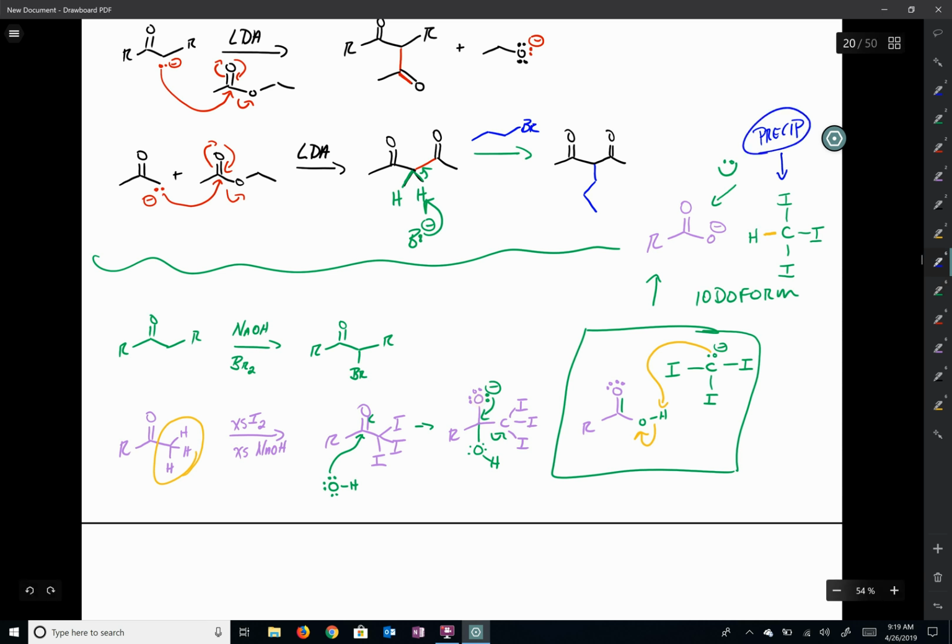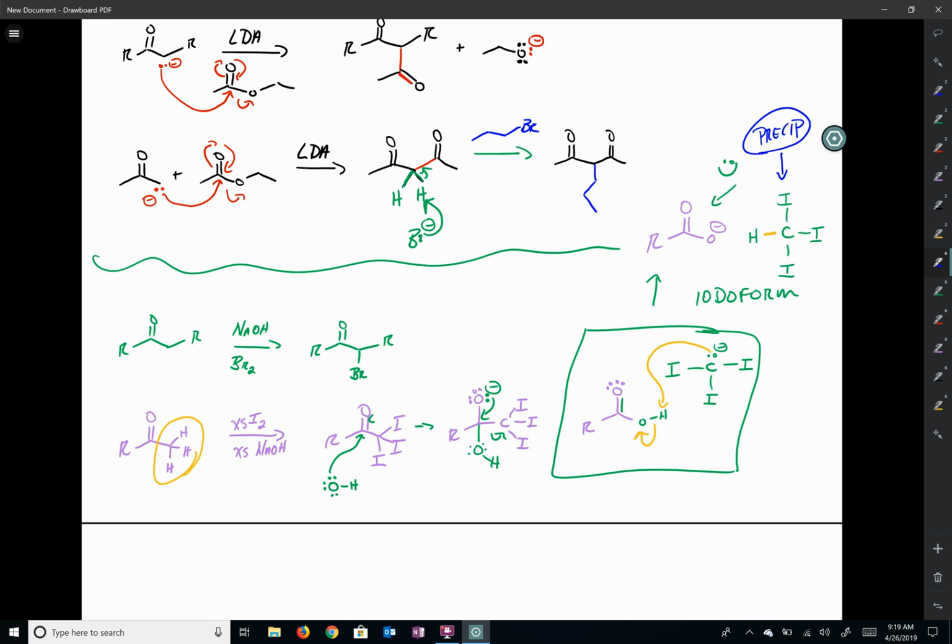And you're like, okay, what's important about that? Well, remember, as soon as something falls out of solution, it's not part of our equilibrium anymore, and it pushes the reaction to completion. So it precipitates out as a nice yellow solid, and so it's a visual indicator that there was a methyl ketone in the compound that we started with.